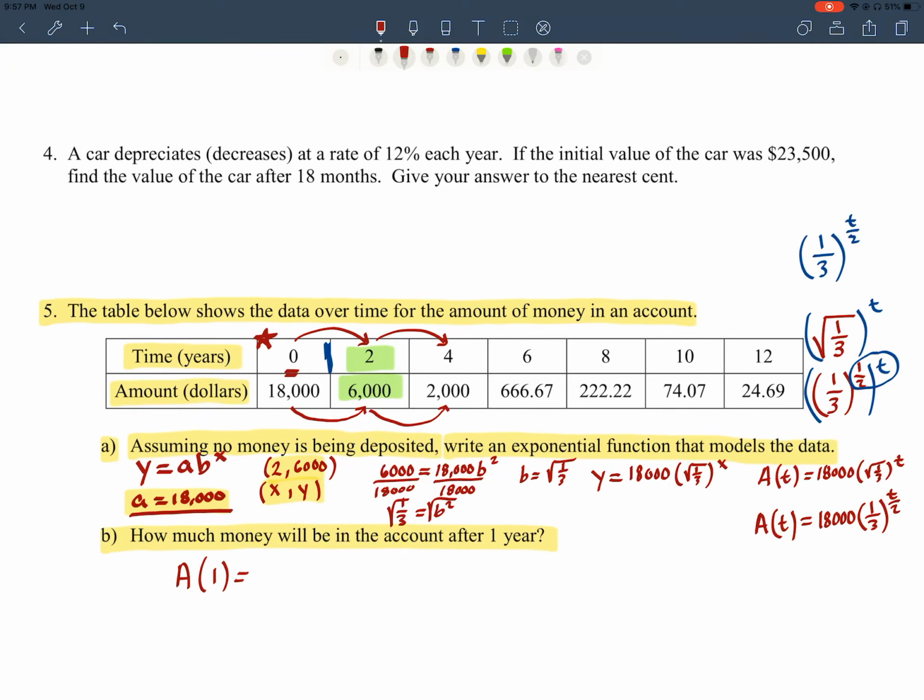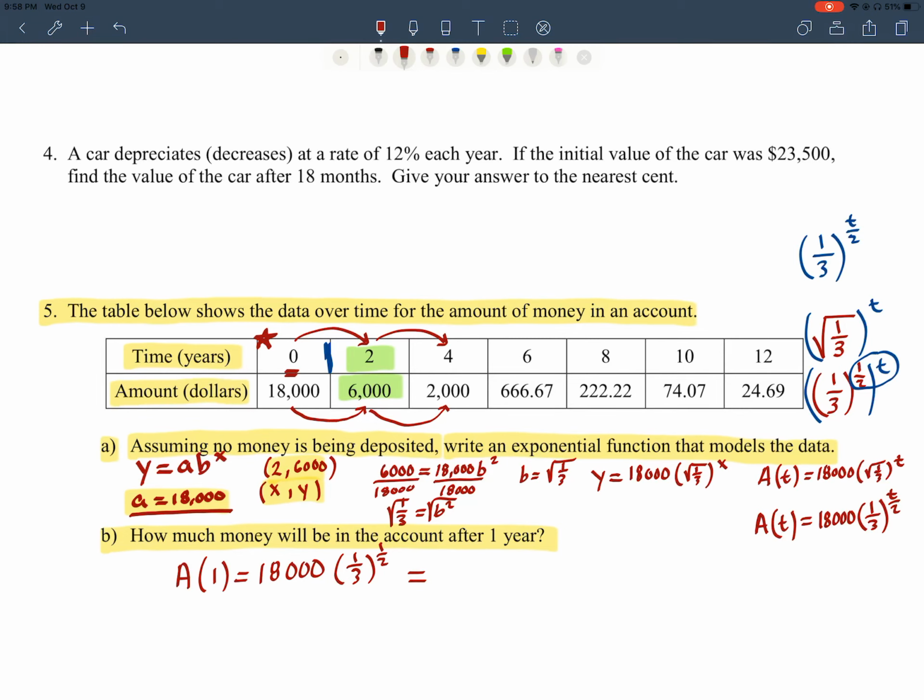So we're going to say A of 1 is going to equal 18,000 times 1/3, and then when we put in that 1 for t, it looks like we're just raising it to the 1/2 power. So you can take that and use your calculator to compute what that would be.